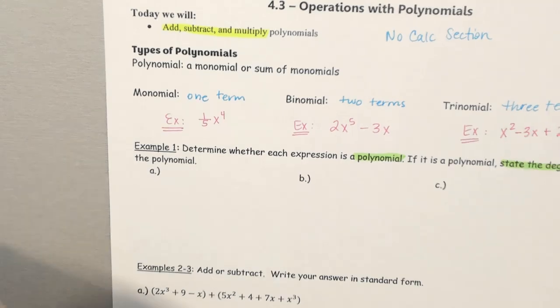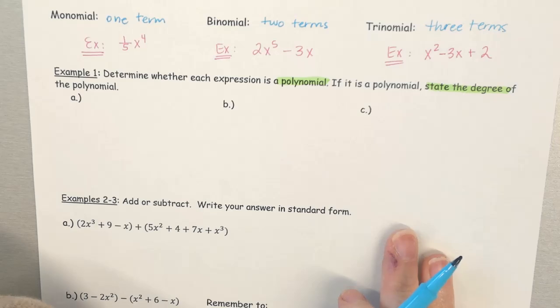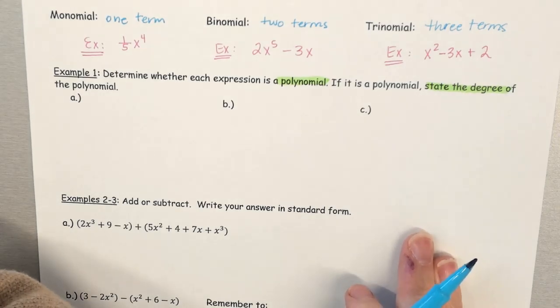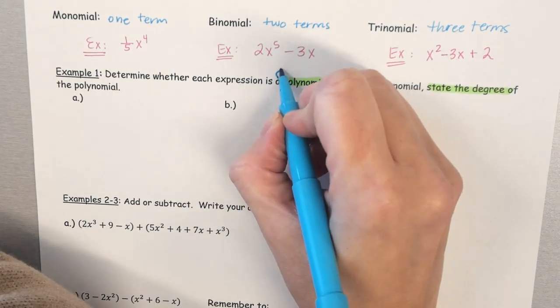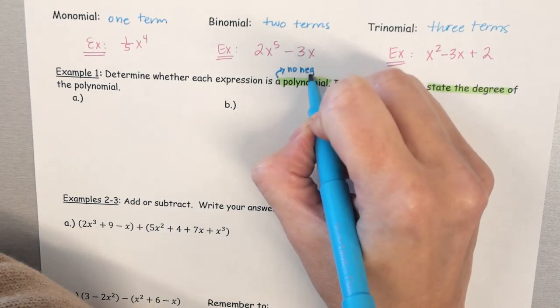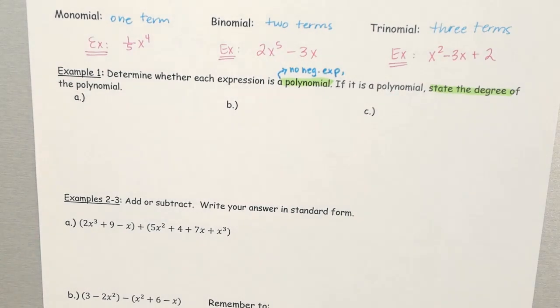What are things we found in our homework, where we said it's not a polynomial because... Yep, good. Okay, so you can't have any negative exponents, so that happens when there's an exponent in the denominator. So no negative exponents. What are some other no-nos?